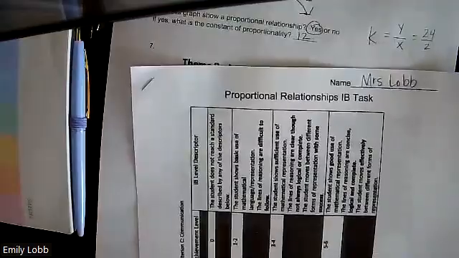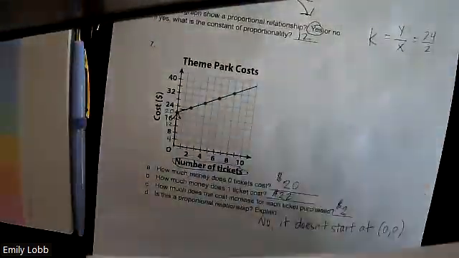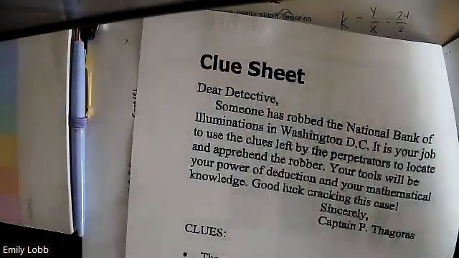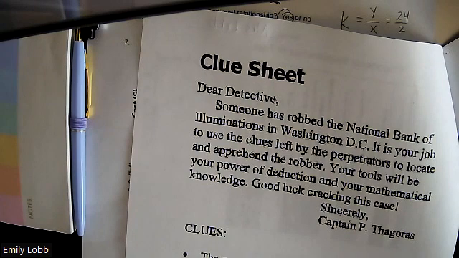All right. So the first page is explaining that someone has robbed the National Bank of Illuminations in DC. It's your job to use the clues left by the perpetrators to locate and apprehend the robber. Your tools will be your power of deduction and your mathematical knowledge.